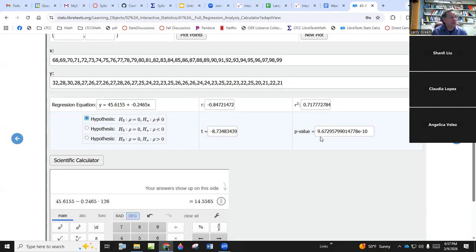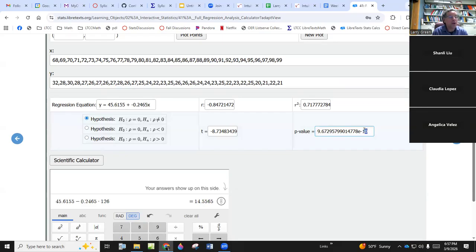And you'll notice here's our p-value. Is the p-value 9.67? Rounded to two decimal places, is that the p-value? Definitely not. Do not make that mistake. P is a probability. It can never be bigger than 1.